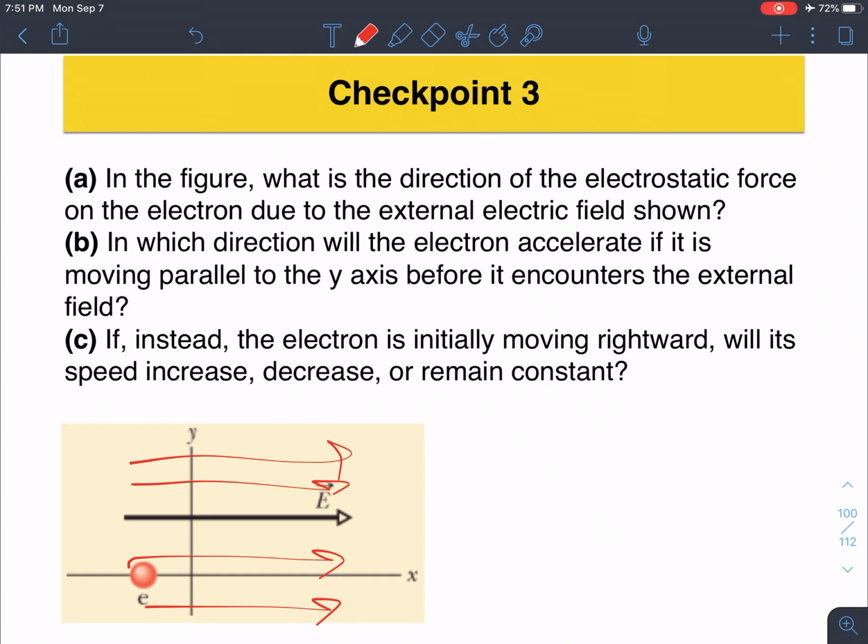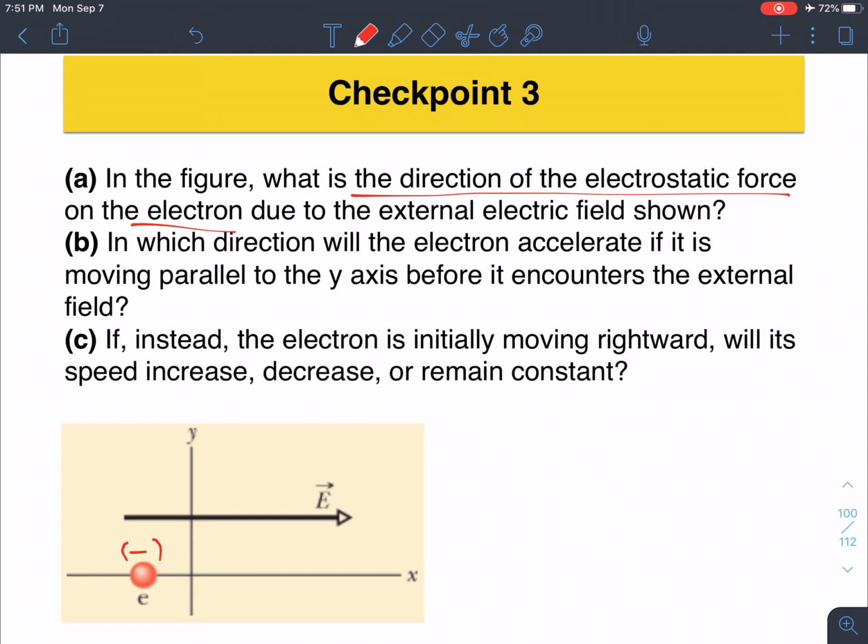uniform, okay? First of all, we are finding the direction of the electrostatic force on the electron. So that's important. This is a negative charge, and let's do that first.